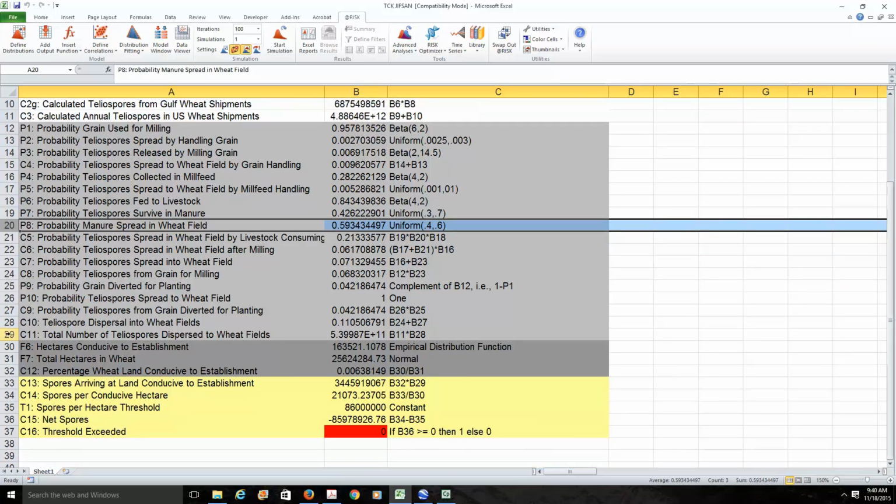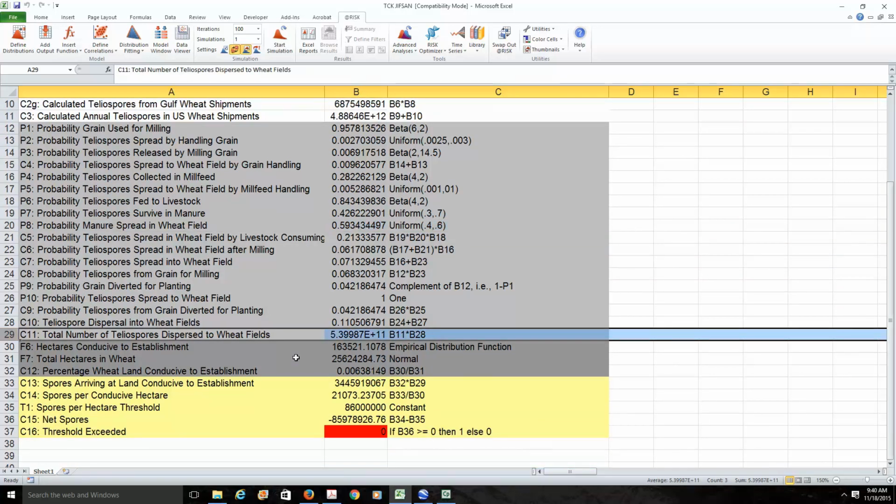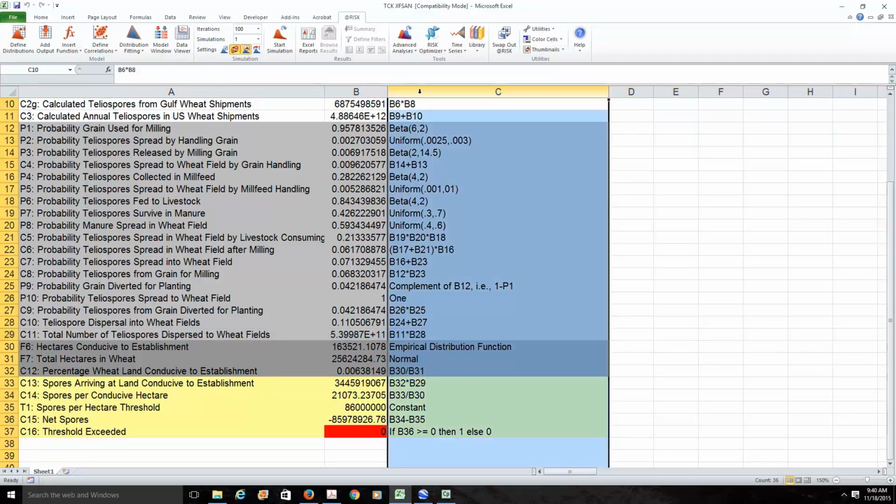And if you followed this story all the way down, you would see 10 to the 11 spores make their way to wheatland. By the way, as we go, you'll notice in cell C here, this is the arithmetic, this is the formula that you would find in the corresponding B cell. So there's nothing complicated about this. It's basic arithmetic, multiplication, addition, division.